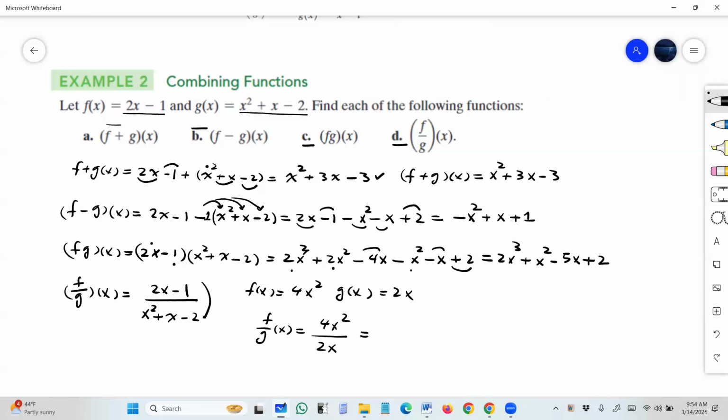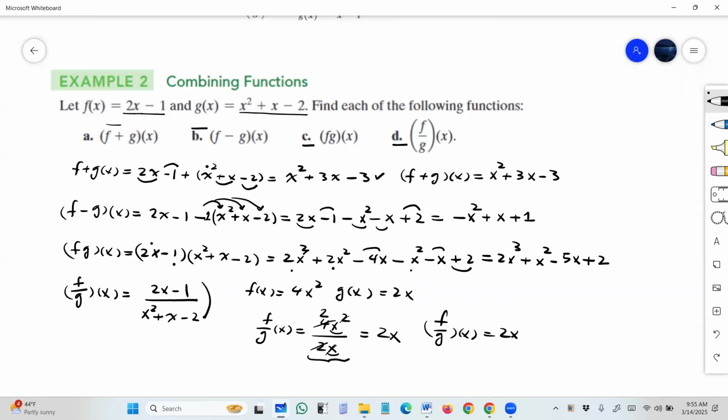Now, different from this, that I cannot divide anything, in this case, I can simplify, and then I should, right? So I can simplify everything by 2, and the x squared and the x simplify, and I'm left with 2x. So f over g of x is just 2x.